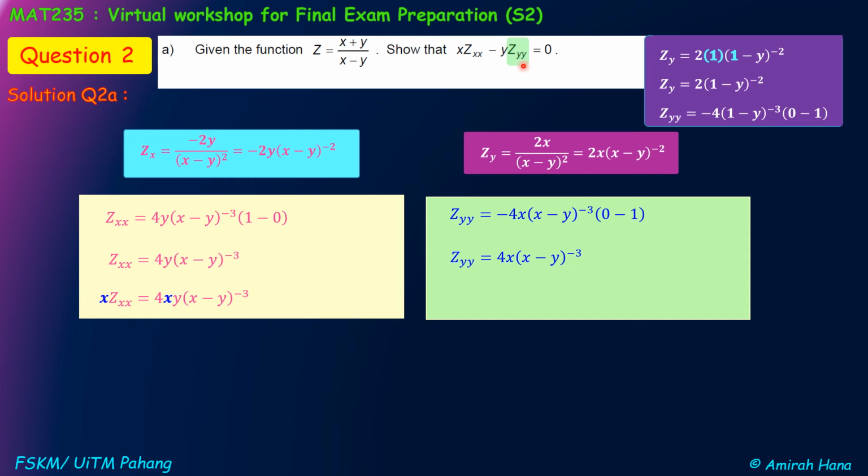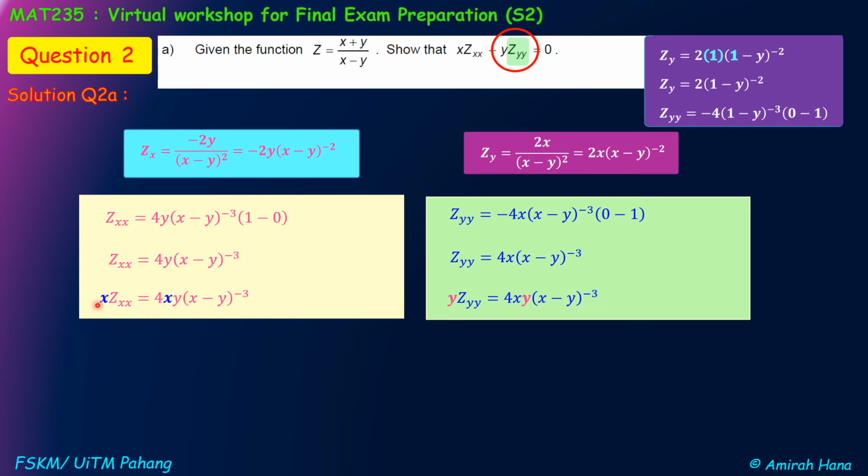After we find zyy, now we can find yzyy. From here, we just multiply by y for both sides. So we get yzyy equals to 4xy times x minus y bracket to the power of negative 3, right?